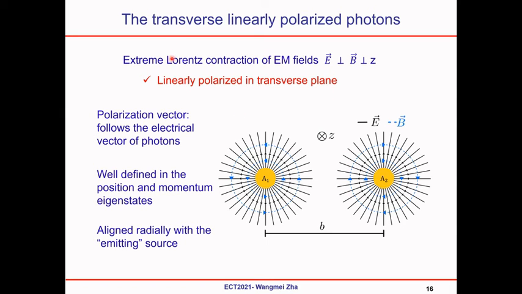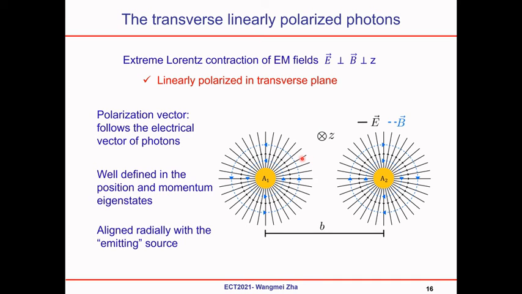Due to the extreme Lorentz contraction, the electric vector of the electromagnetic field is perpendicular to the magnetic vector, and also perpendicular to the moving direction. And for the polarization, we know that for the photon, its polarization vector follows the electric vector of the photon.